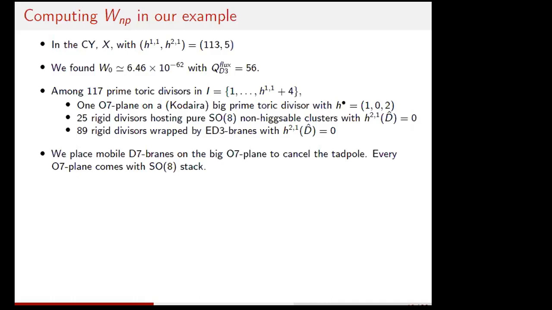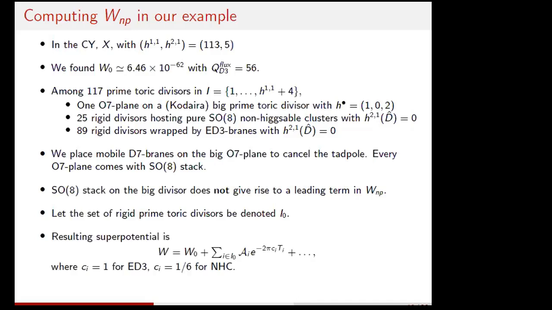And what we do is to place the 7-branes on top of the 7-planes to cancel the 7-brane tadpole locally. But this does not ensure that the 7-brane moduli are stabilized yet. I'll talk about that later. And let me emphasize, the SO(8) stack on the big divisor will not play a significant role in stabilizing Kähler moduli.